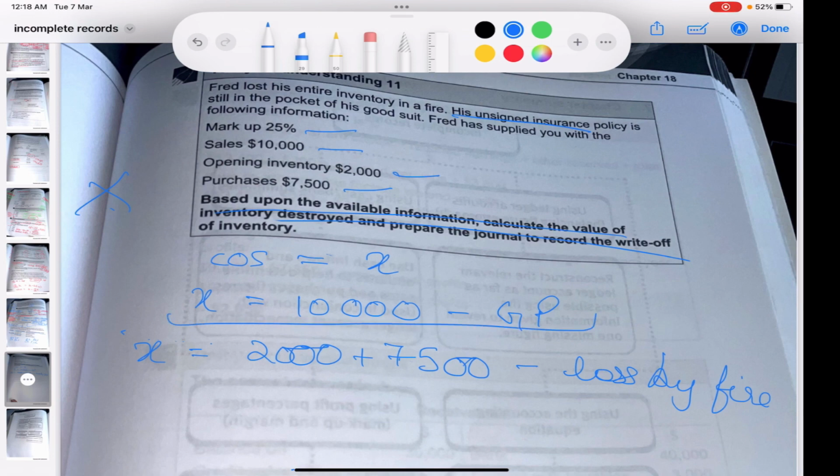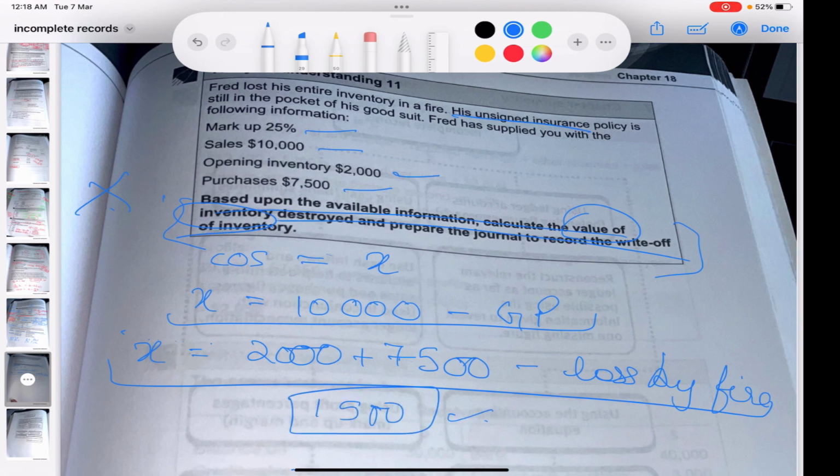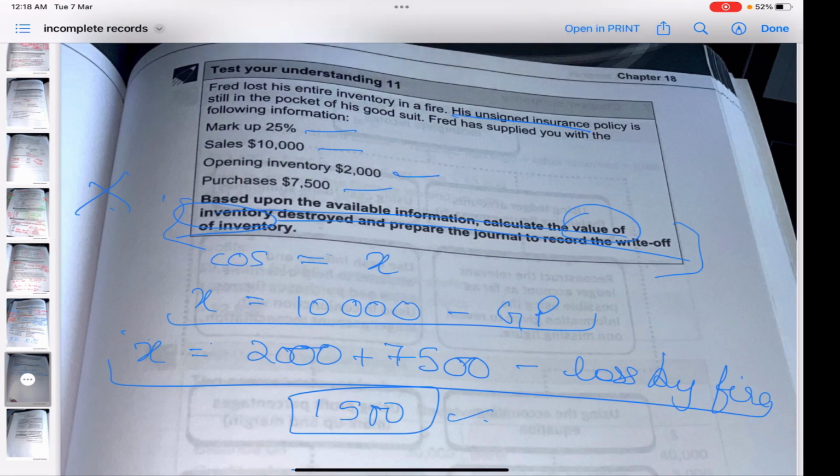We have this equation, and we have this equation. We can equate the two and come to some kind of conclusion, and you'll get the value, and based on that you can calculate the value of the inventory which has been destroyed. You will be getting 1500. Try to do it by yourself.